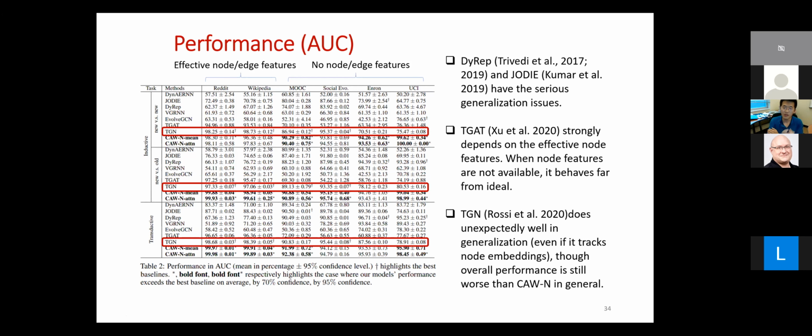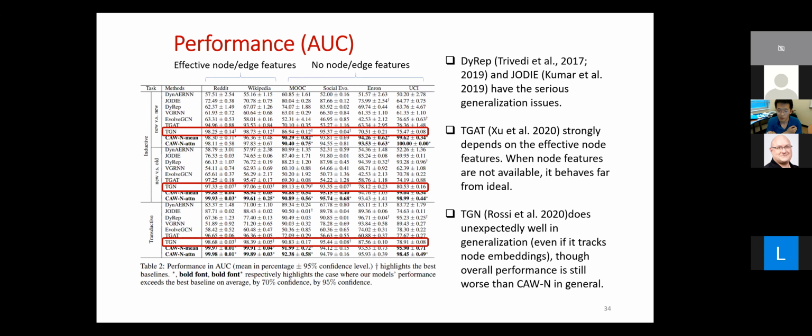And what our previous theoretical understanding cannot well explain is the TGN model. It's more like a parallel work. When we wrote our original paper, we were not aware of this work, but after our paper got accepted, we also tried to evaluate this model.